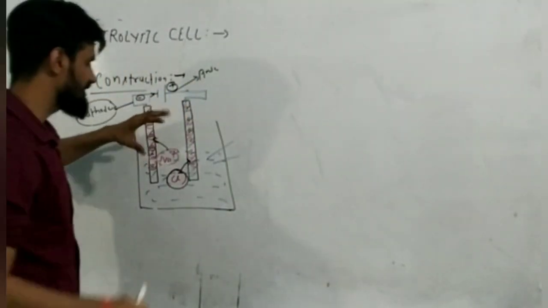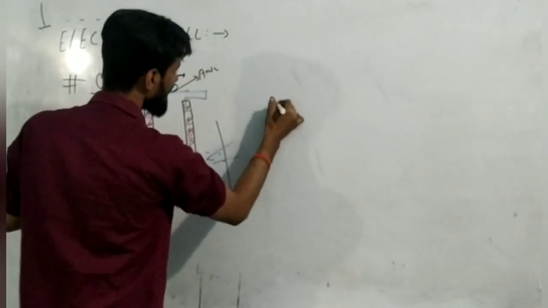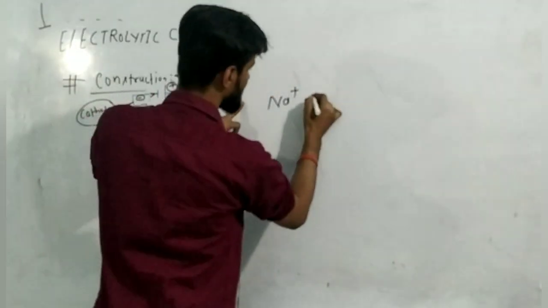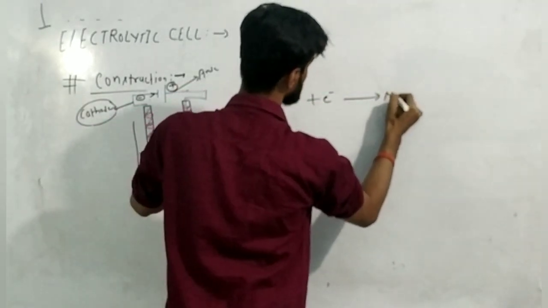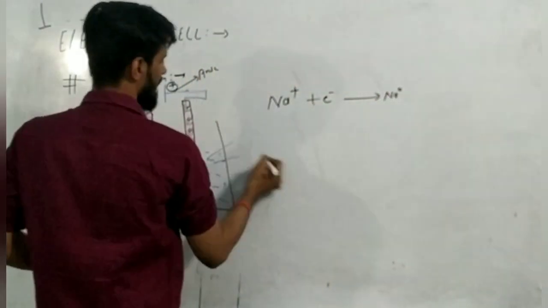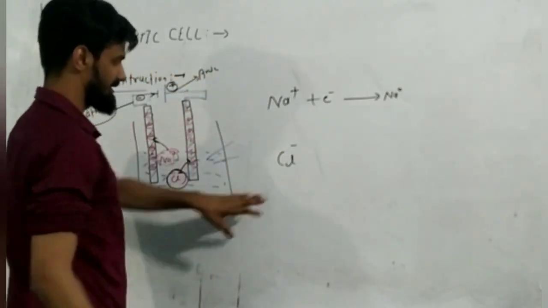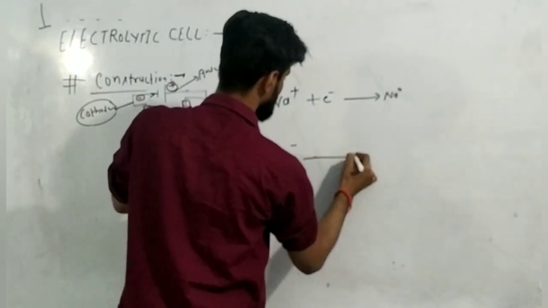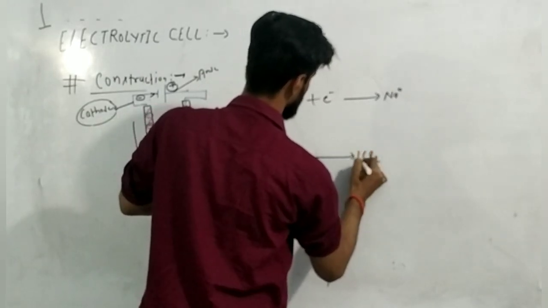Now understand which types of reaction will be happening. Na plus ion moving towards the negative plate will get an electron and be converted into sodium 0. Now the chlorine ion has ample amount of electron cloud, so it will lose one electron and be converted into half Cl2.